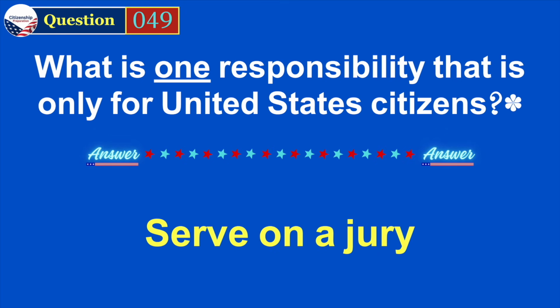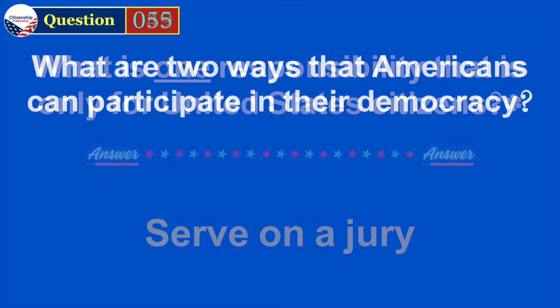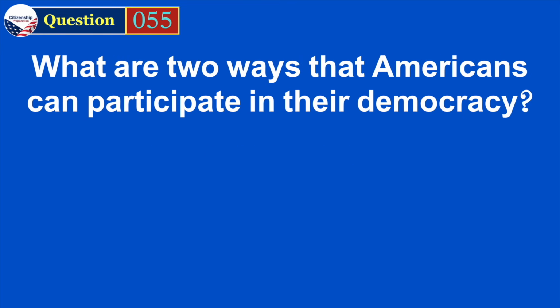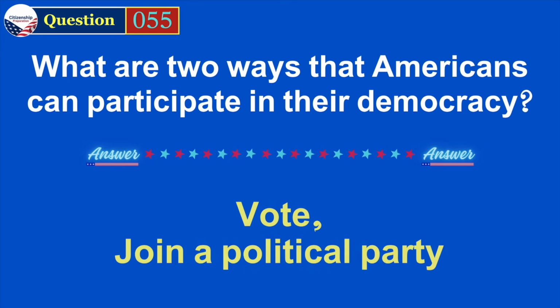Serve on a jury. What are two ways that Americans can participate in their democracy? Vote. Join a political party.